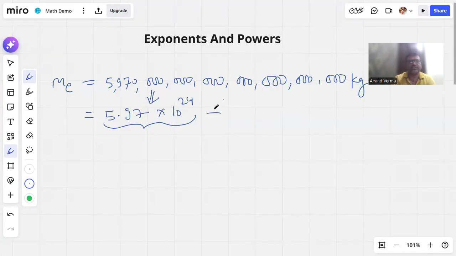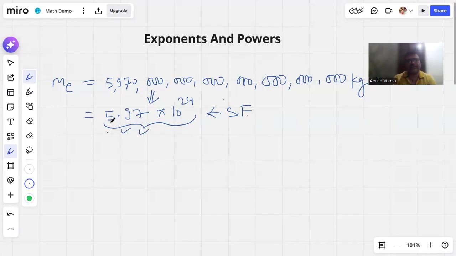This is known as standard form, standard form of exponents. So this is the reason why we have to study exponents, so that we can express very large numbers in the standard form so that we can compare it, we can read it.